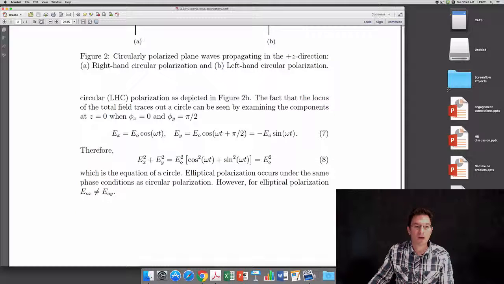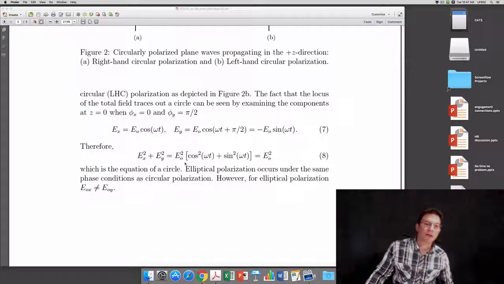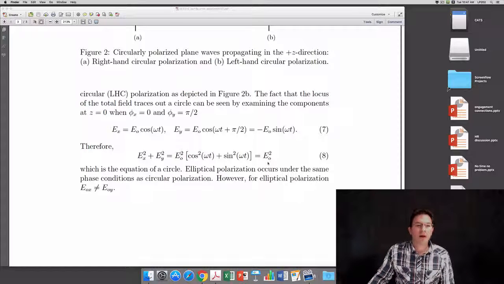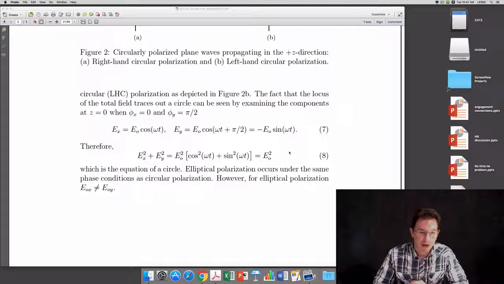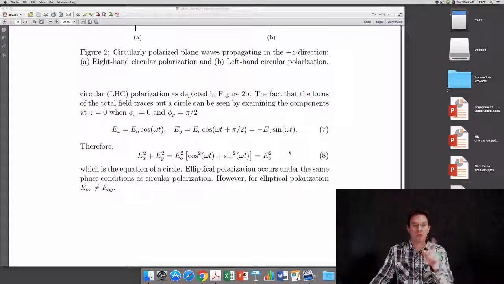So therefore, if we square the x component and we square the y component and we add them, we get this expression. Cosine squared plus sine squared is simply equal to 1. So it turns out that Ex squared plus Ey squared is equal to E0 squared. You'll recognize this as the equation for a circle. So we know that no matter what time we are at, the magnitude of the electric field is going to stay the same, and it's just going to move around in a circular pattern.